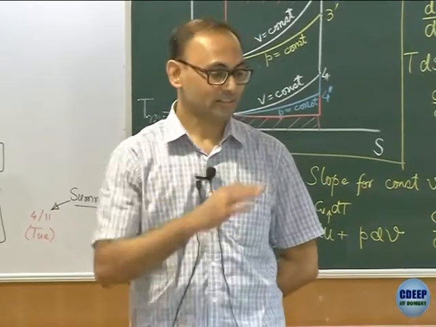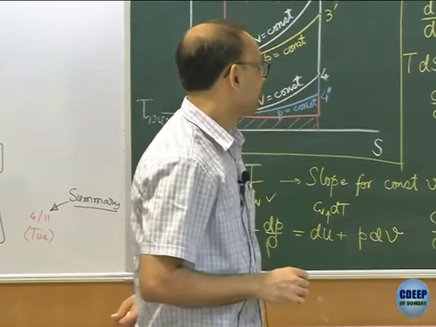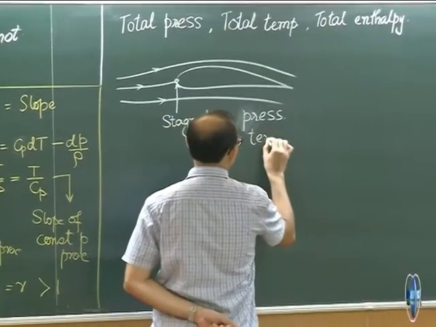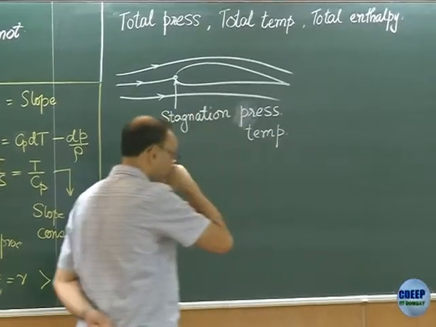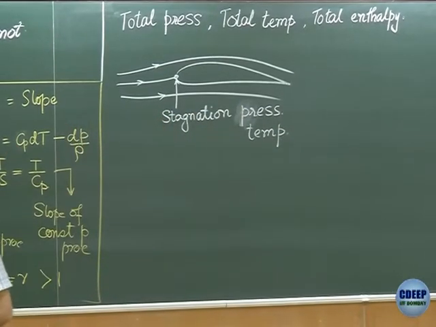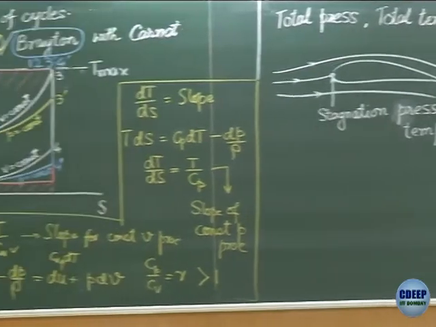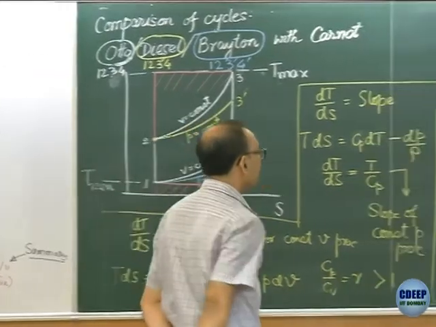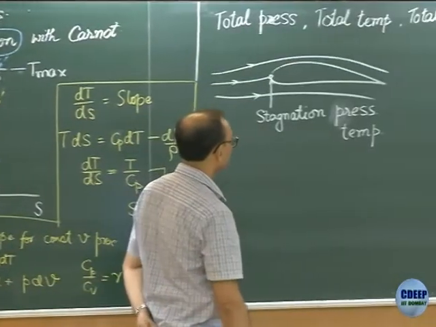It's a very nice simple flow over an airfoil. The temperature is also called stagnation temperature. And it turns out the stagnation pressure is the same as total pressure, and stagnation temperature is the same as total temperature. Okay, so now let's do a few simple things to see how it works.